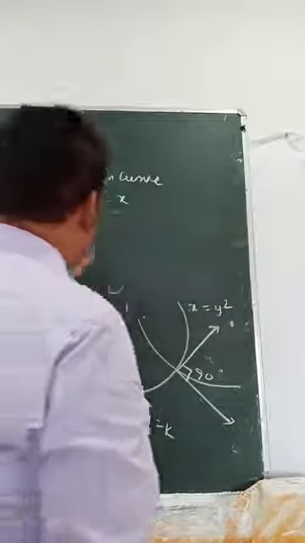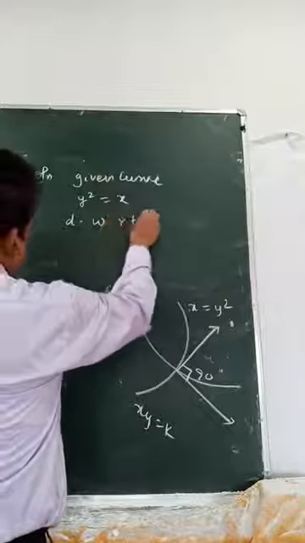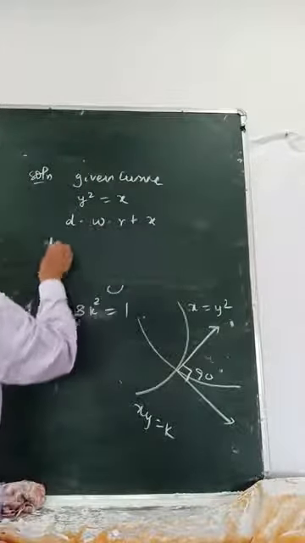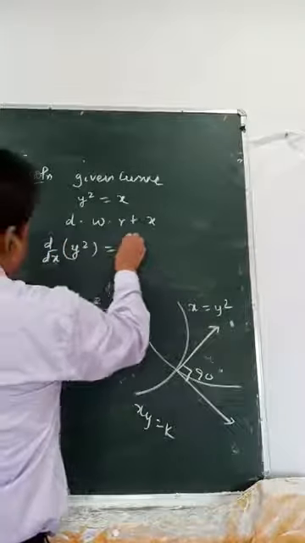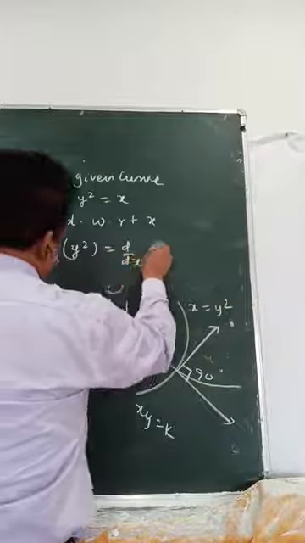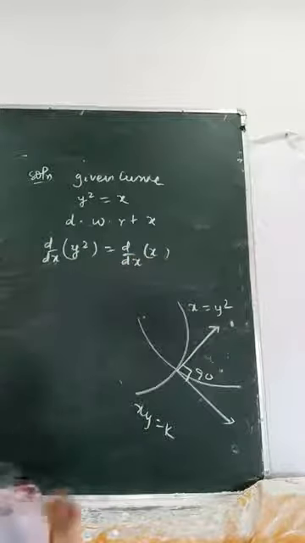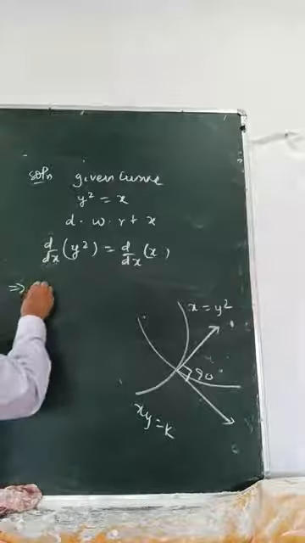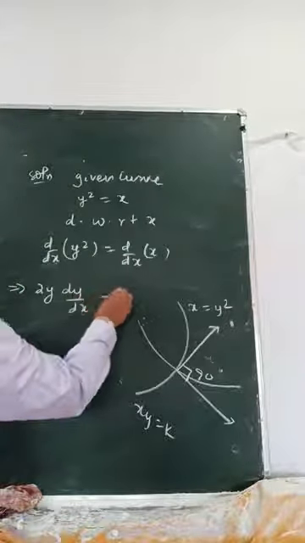Differentiate with respect to x. d/dx of y square, d/dx of x. Okay, then you will get 2y dy by dx equals to 1.